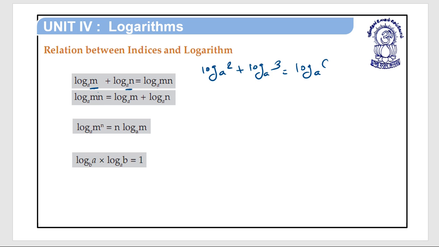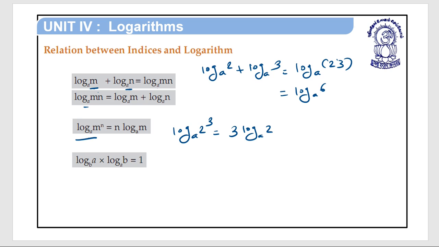So 2 into 3 is equal to log 6 to the base a. Same way, log mn to the base a is equal to log m plus log n. Log m raised to n to the base a is equal to n log m. Log 2 cube is equal to 3 log 2 to the base a.